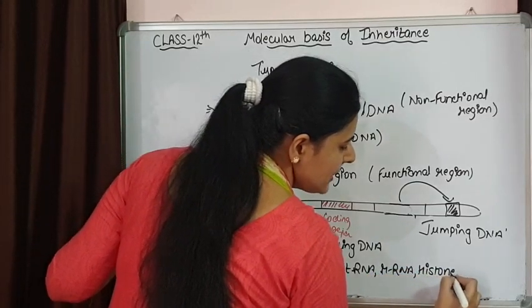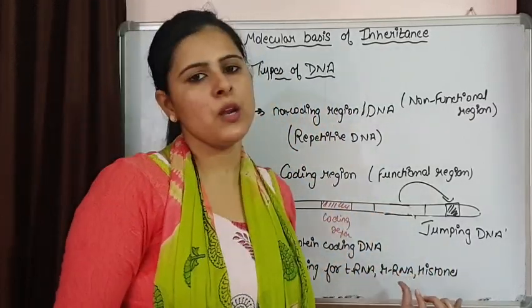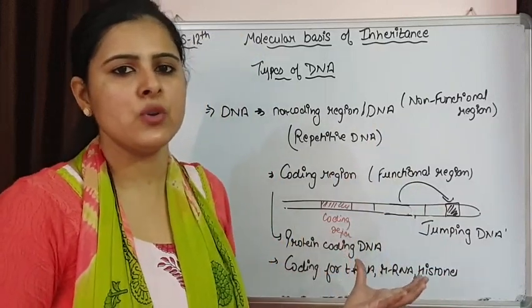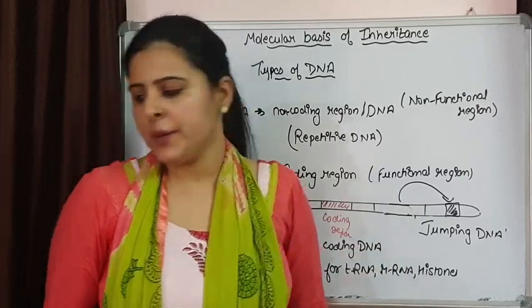So other than proteins, some of the other segments are also synthesized, or coded by different segments of DNA. This is how types of DNA are present.